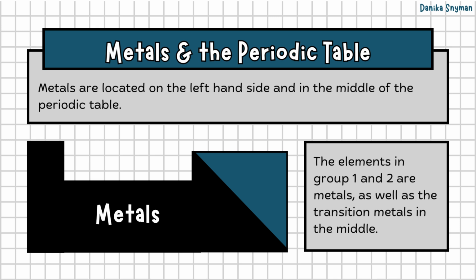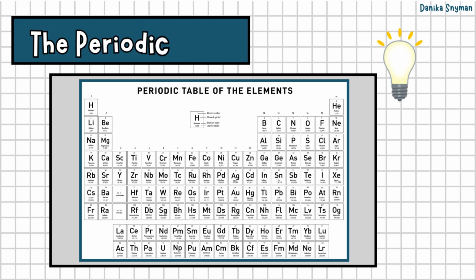As we can see here, there are many more metals than non-metals. Let's quickly go back to the periodic table. Here you can see the metals will be on the left and the non-metals will be on the right. For instance, helium is a non-metal.